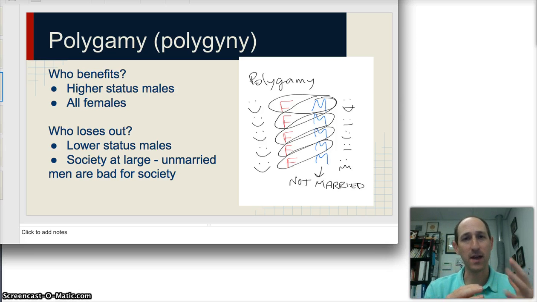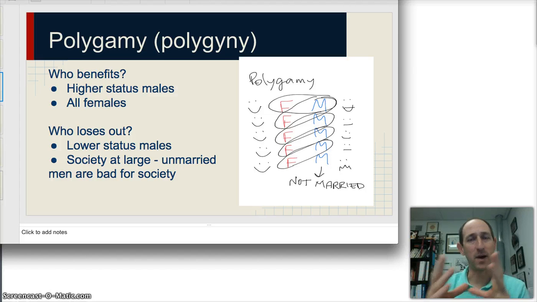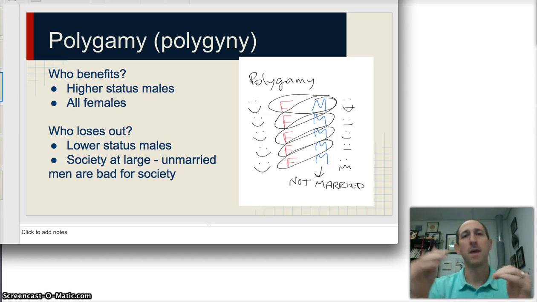Well, if you think about it, every other female down the line is now marrying up. Because the male at the top occupies more than one female, all the females benefit because they all get to marry up. You can see the smiley faces for all the females down the side. Well, what happens to the males who aren't at the top? They are actually forced to quote-unquote marry down.